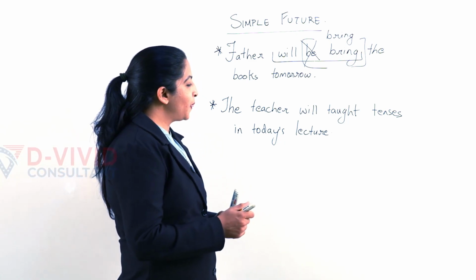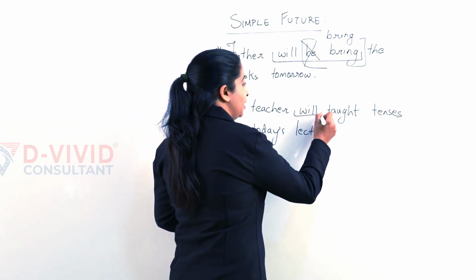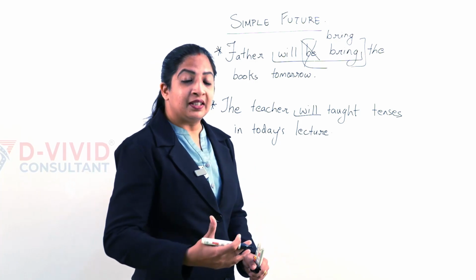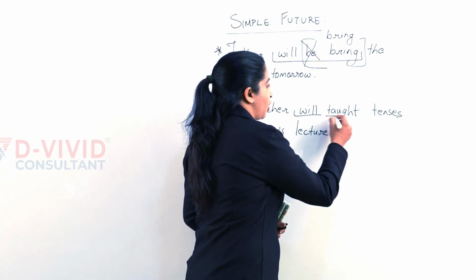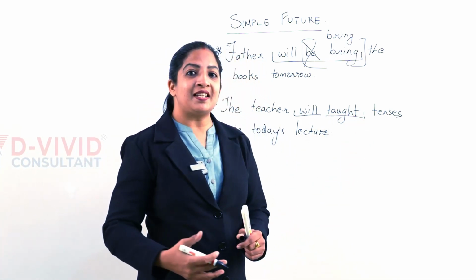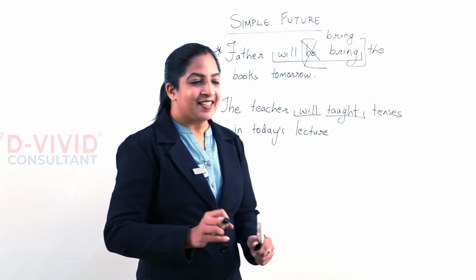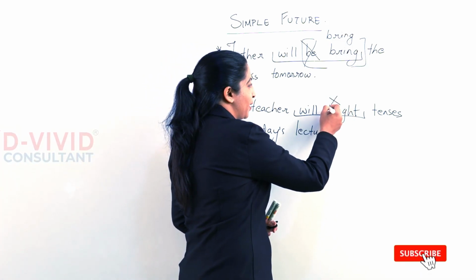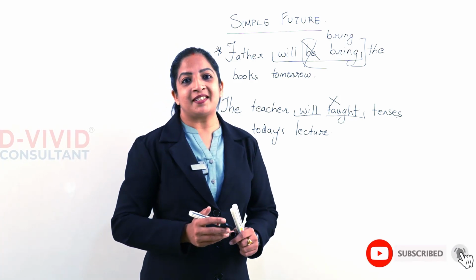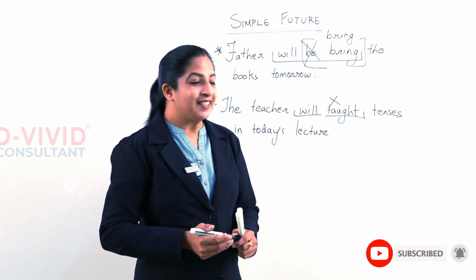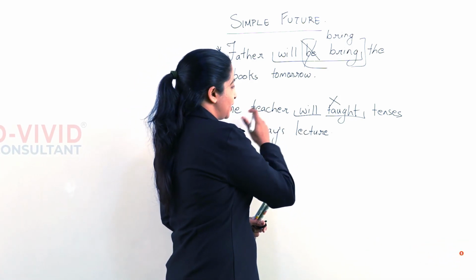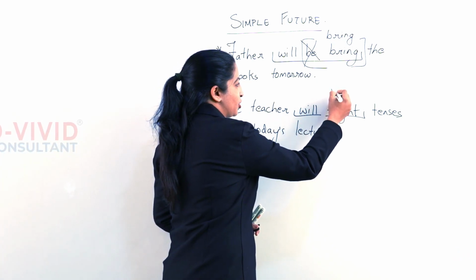So here I have used will, and with will I have used taught, which is the past tense of teach. So this is a big mistake that I have created. So it will be the teacher will teach tenses.